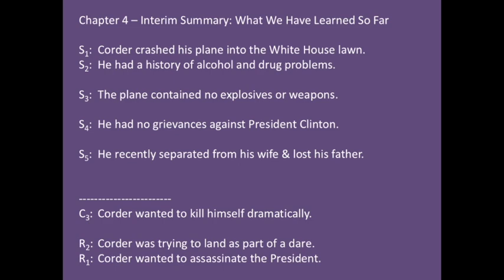Corder crashed his plane, he had a history of alcohol and drug problems, the plane contained no explosives, he had no grievances against President Clinton, he had recently separated from his wife and lost his father. Now, these are all pieces of information that are specific to the topic of this argument.